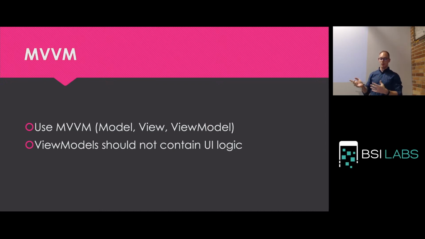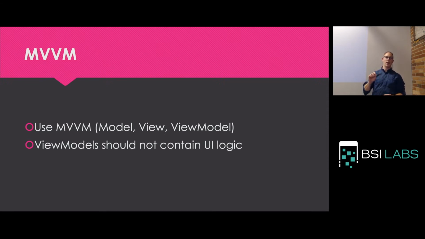MVVM, for those who don't know, is model, view, view model. Your model is the shape of your data that you're bringing into your app. Your view is how you're displaying that data, and your view model is a kind of translation between the two. It's a way of mapping between what's coming in on your model and how you're going to display it on the screen.